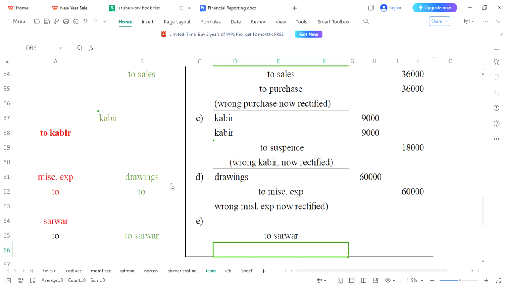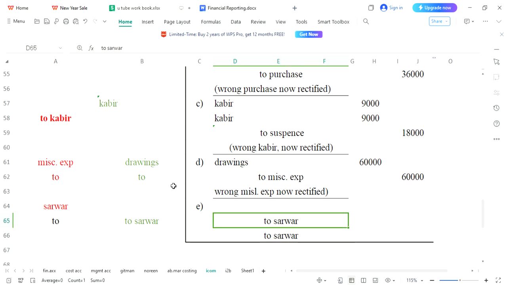So to Server would again be written over here. Mistake was present only in Server account and we have rectified. There is nothing else left to be written over here. So to fill the space, you will write suspense over here. Entry what we have got is suspense to Server.